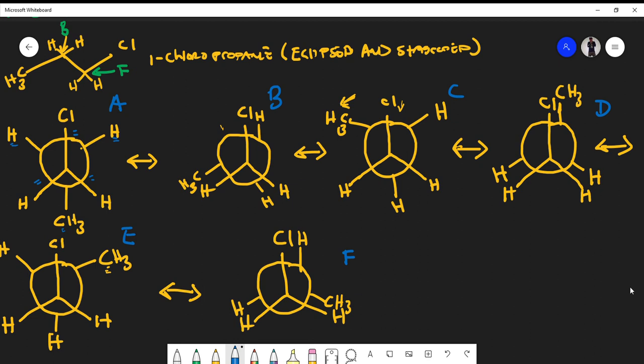You should always remember that a staggered version is always lower in energy than any eclipse. So that limits our choice to only 3 options, which in this case are A, C, and E. These are the 3 staggered versions.